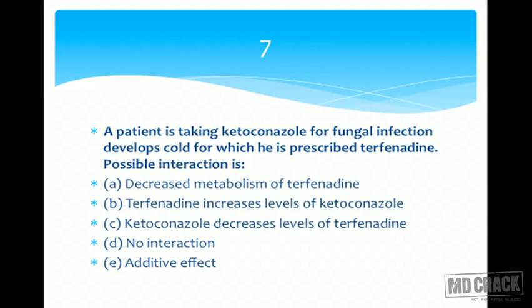Because of the inhibition of this system, it could decrease the metabolism of a number of drugs, and that other drug is then going to accumulate. So this is the possibility which is maximum in case of this drug interaction, ketoconazole and terfenadine. If ketoconazole inhibits the breakdown of terfenadine, terfenadine will accumulate and its toxic effects are likely to happen. Now let's read the options.